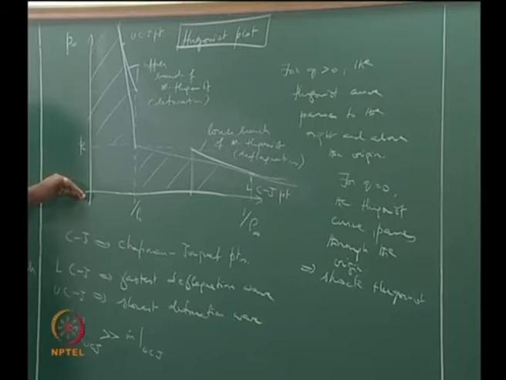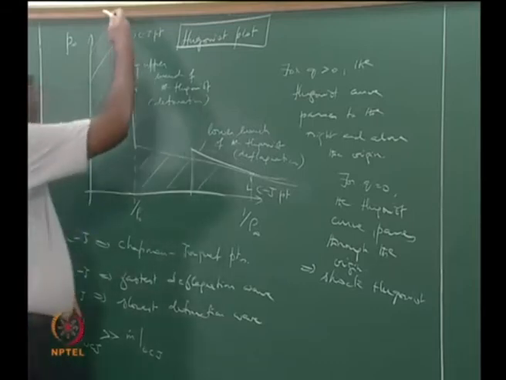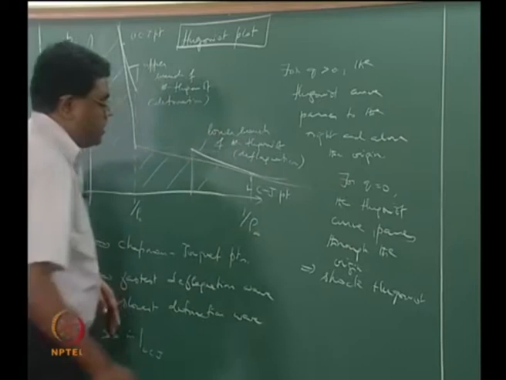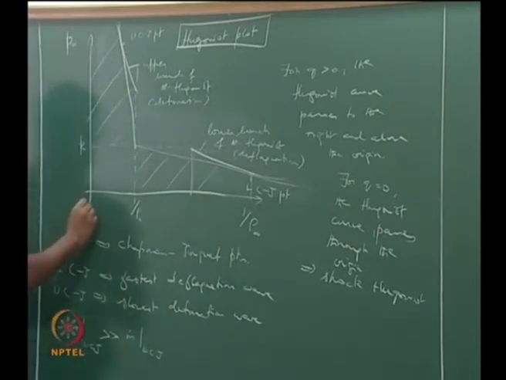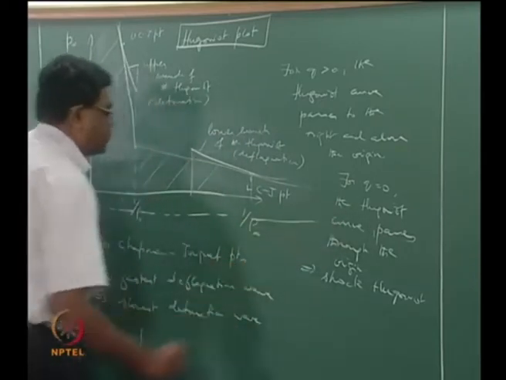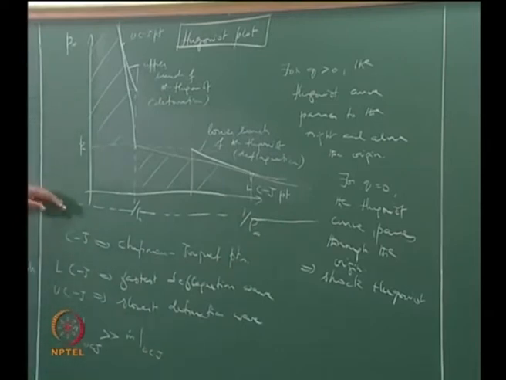As a matter of fact, what you will find is this rectangular hyperbola asymptotes to a value of P infinity that is negative.